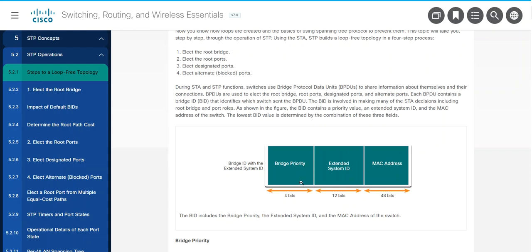As you can see here, the bridge ID contains a priority value, extended system ID, and then the MAC address of the switch. When looking at this, the lowest bridge ID is determined by the combination of all of these fields.